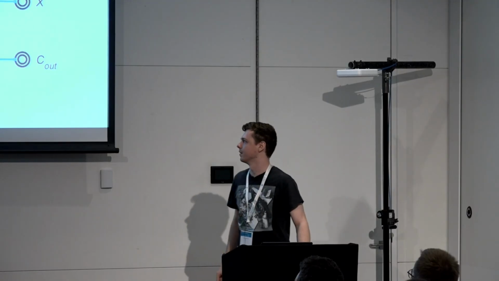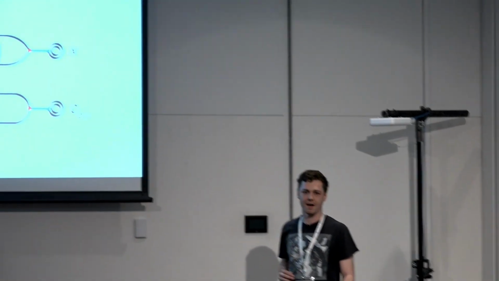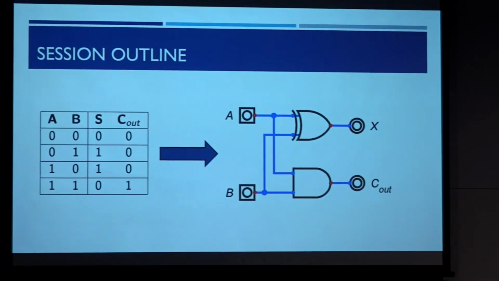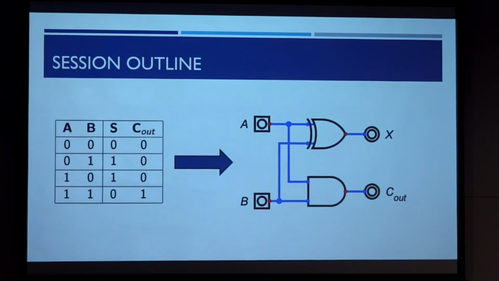As an example, we've got a truth table and then the half adder. The students were already familiar because, fortunately, we had a previous session on Boolean logic, so they knew what logical operators and truth tables were. I could point them at this and they would go, oh yes, that cout is an AND operator.